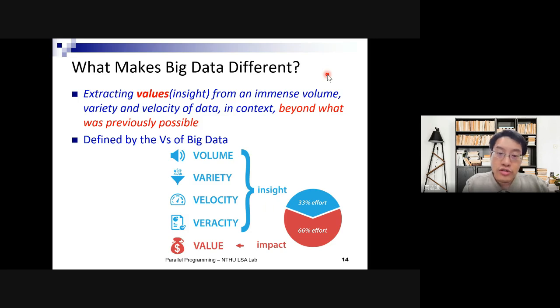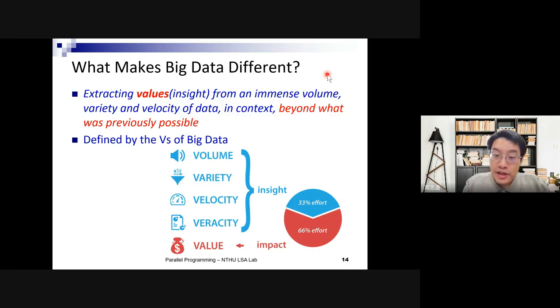Okay, so there could be many challenges, and some of the most famous challenges from big data that cannot be handled by the traditional tool are the volume, the variety, the velocity, and the veracity.